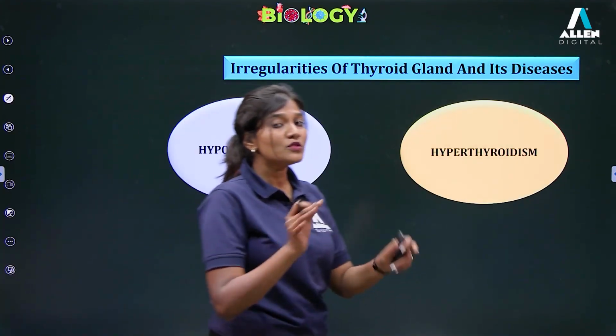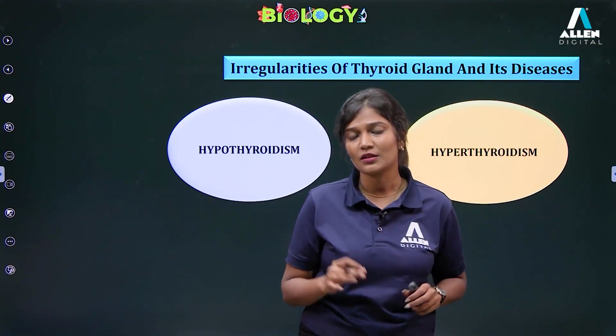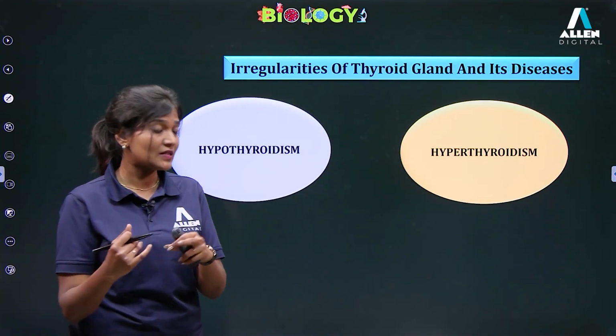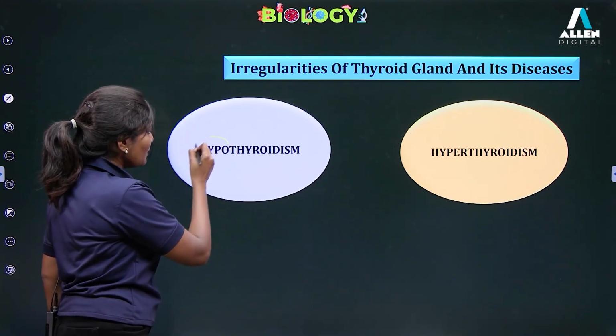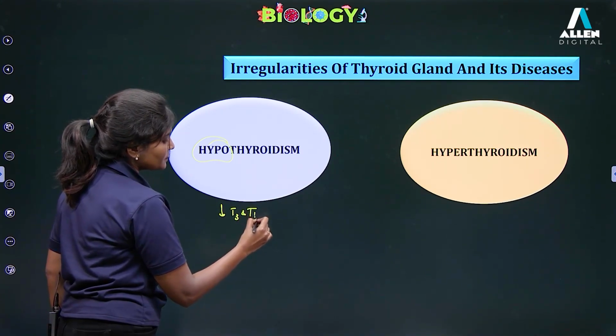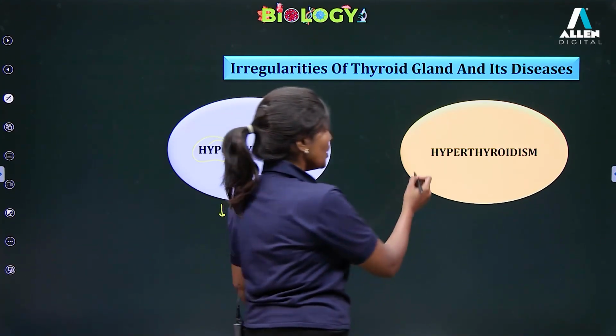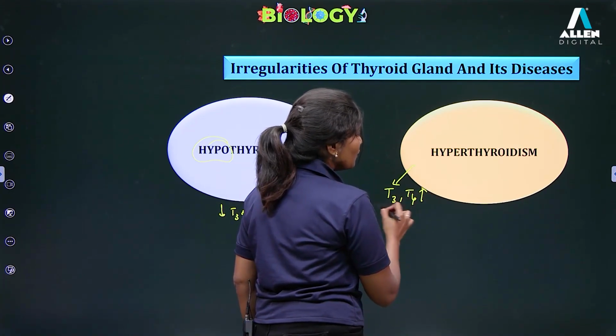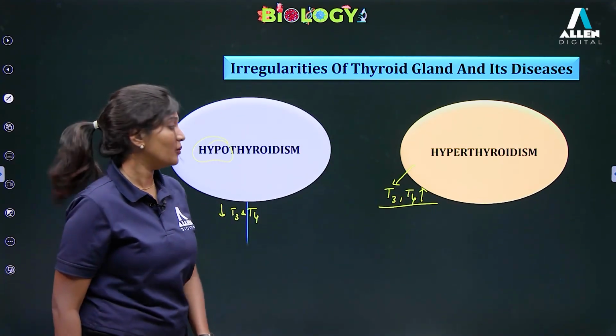Now the most important part for our examination is, suppose the thyroid gland secretion of T3 and T4 becomes less, then what is the situation? Hypo refers to a lesser amount of T3 and T4. Hyper is when T3 and T4 become maximum, then what are the problems that arise in a human individual?